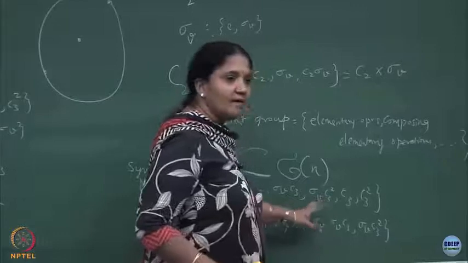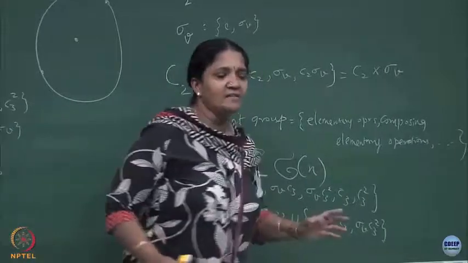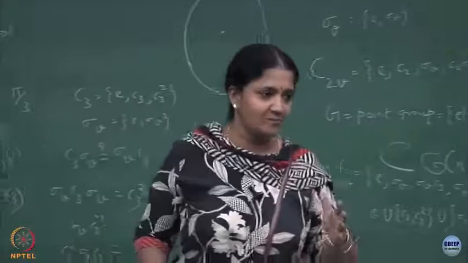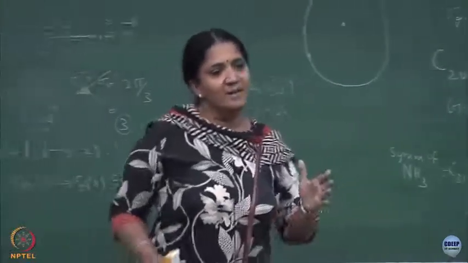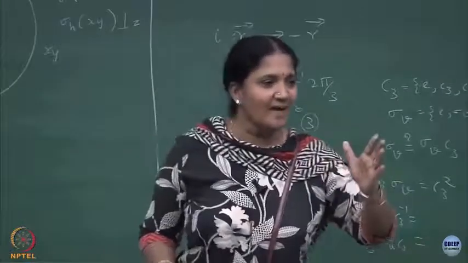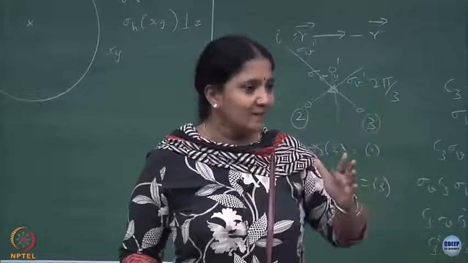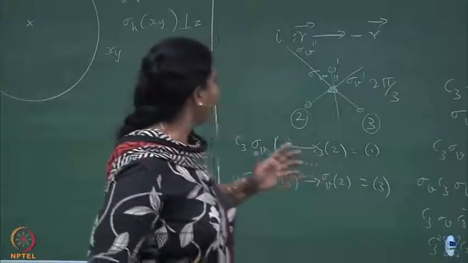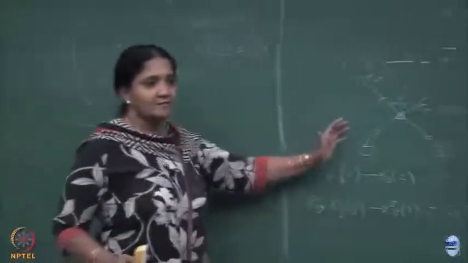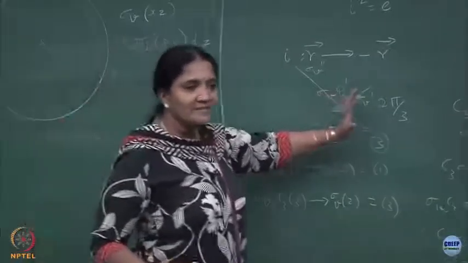These 3 elements which I wrote can be independently written as if this molecule has 3 planes of symmetry. Each of these planes contains the principal axis. So, they are all vertical planes. So, there are 3 planes of symmetries and 1 principal axis.